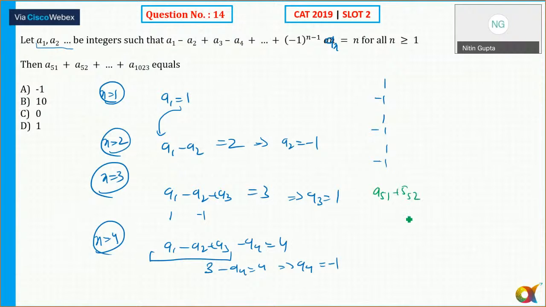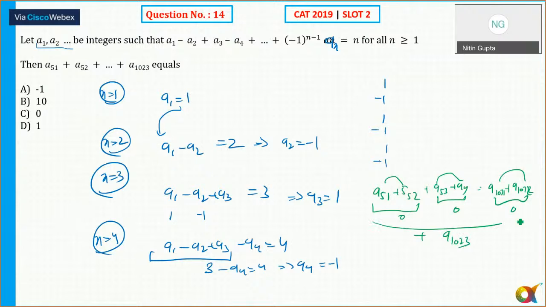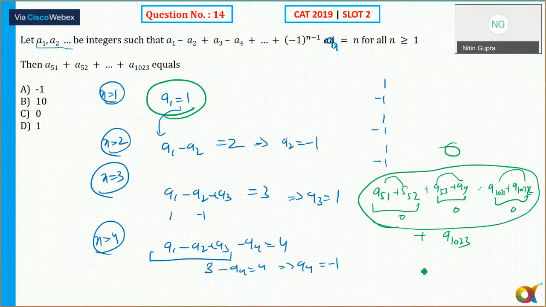A52, 3 plus A50 and A340 and 101 plus 10220. And before 0 and 1023 is odd, and odd is equal to 1. So the answer is 1.